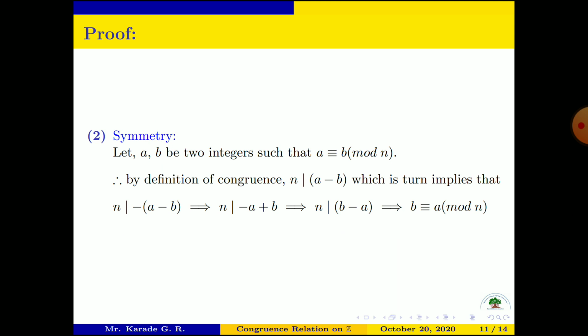Therefore, from the definition of congruence, b is congruent to a mod n. Thus we have proved that whenever a is congruent to b mod n, b is also congruent to a mod n. Thus the symmetry property is proved.